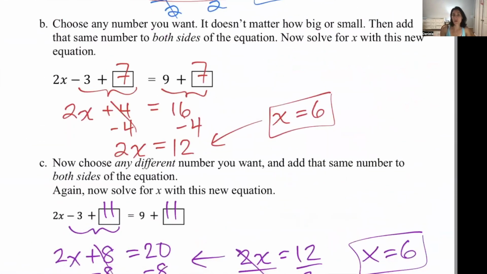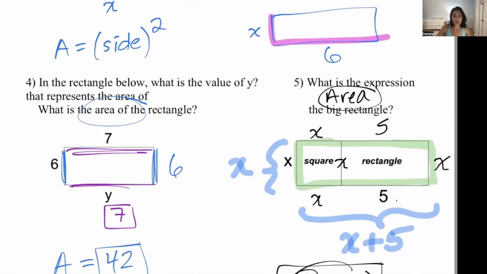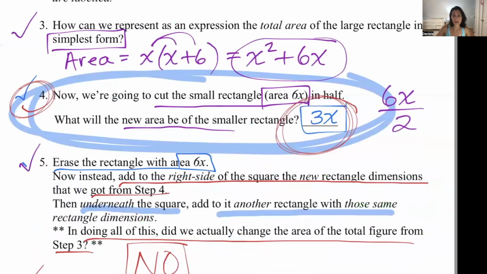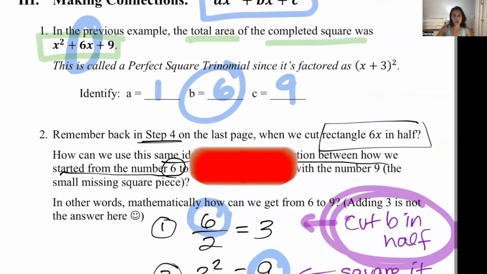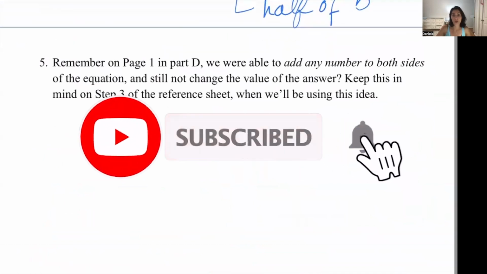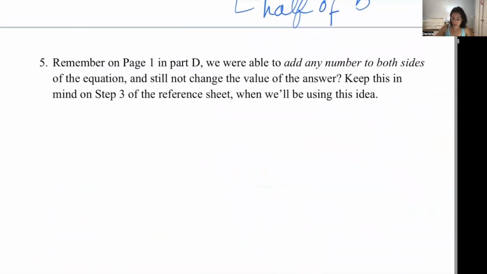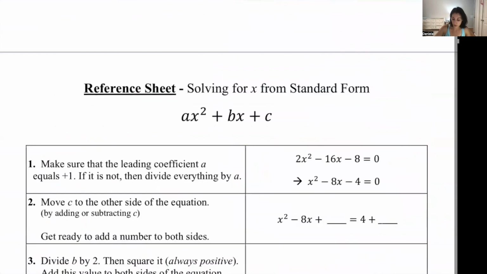Remember, we took an equation, we added 7, we got the same answer. And then we took that equation and added 11, we got the same answer. So again, we talked about that as long as you add the same exact number to both sides, you're not actually changing the value. So we're going to keep that in mind, right? So that's going to be one of the steps in completing the square. So here it is. Here's the reference sheet.